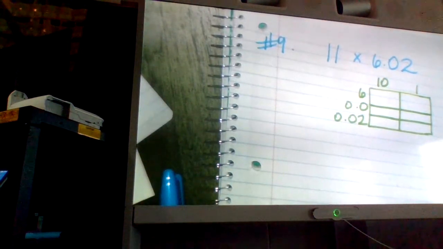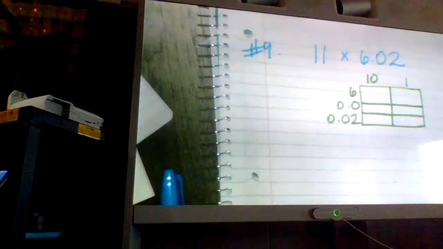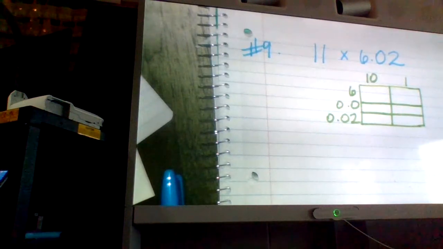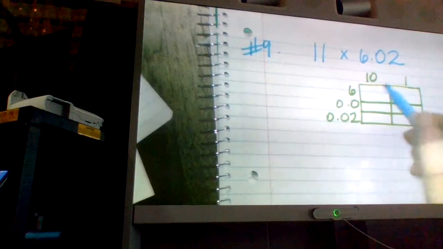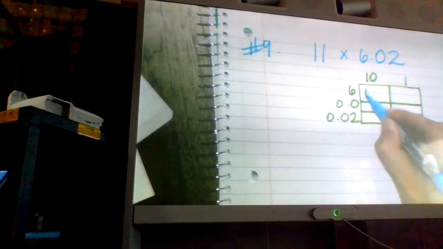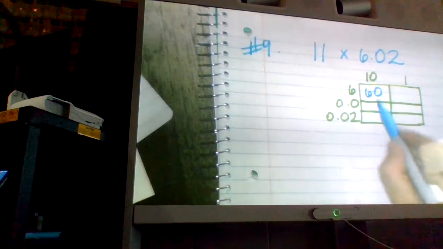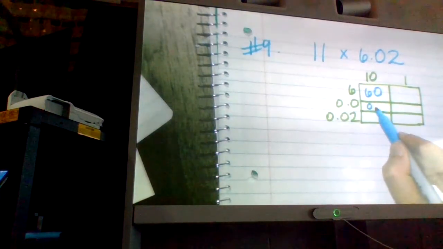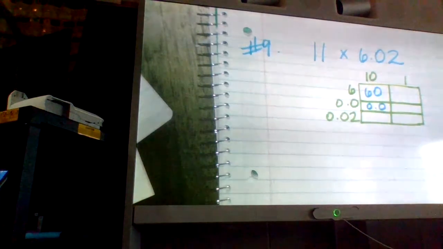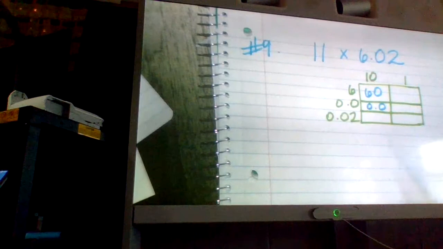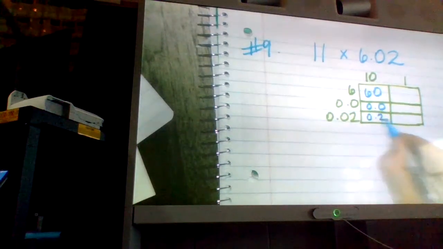So we'll go place value by place value, and we will multiply. Okay, so 10 times 6 is 60. 10 times 0 and 0/10 is still going to be 0 and 0/10, because when you multiply anything by 0, the answer is a 0. And then we'll multiply 10 times 2/100, which is 2/10.